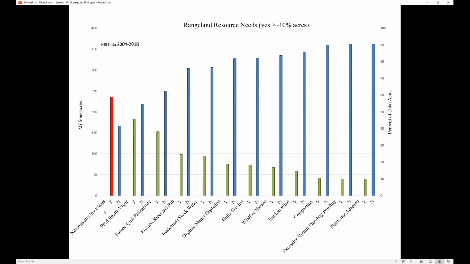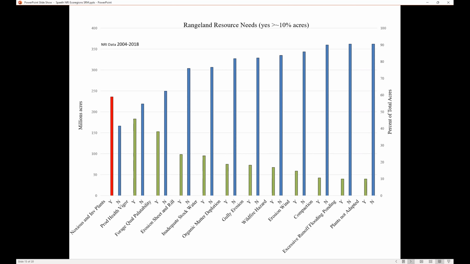Then we also look at health and vigor, where maybe 45% of the acres sampled had a concern. The third ranking one was forage quality and palatability, at 40% of the acres. So that shows us some of the key resource concerns on our rangeland.